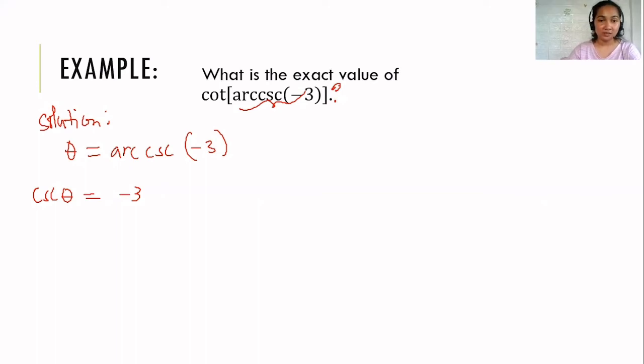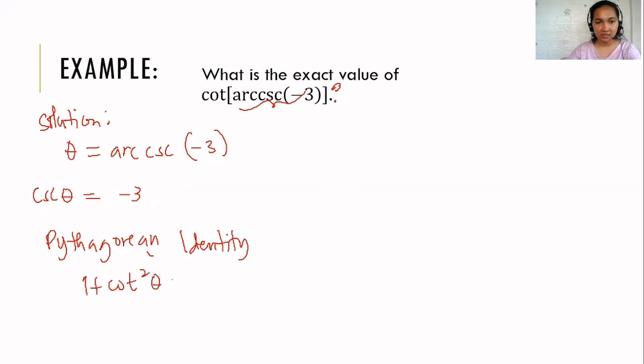We can use the Pythagorean theorem. I'm not sure if we encountered this when we talked about trigonometric identities, but another form of the Pythagorean theorem is that 1 plus cotangent squared theta is equal to cosecant squared theta. Since cosecant theta is negative 3, we can substitute this value into the equation.